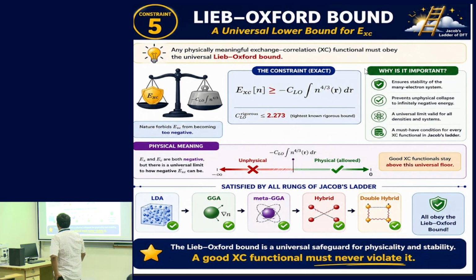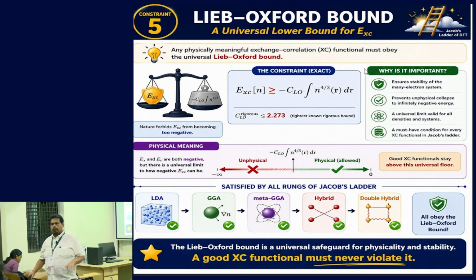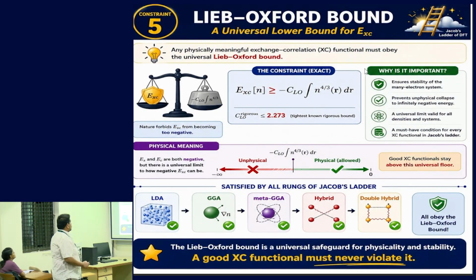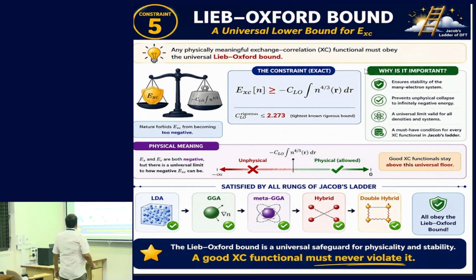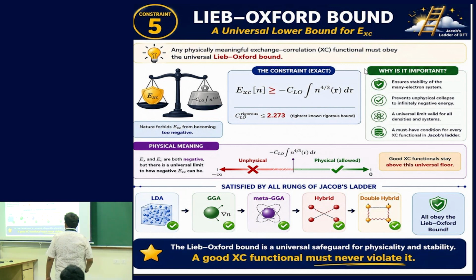If you put it like a balance, this is the exchange correlation energy, and there is a bound here: 1 kg, 2 kg, 3 kg, it cannot go beyond. It is perfectly balanced. It is also satisfied by all these functionals: LDA, GGA, meta-GGA, hybrid, all of them obey this.